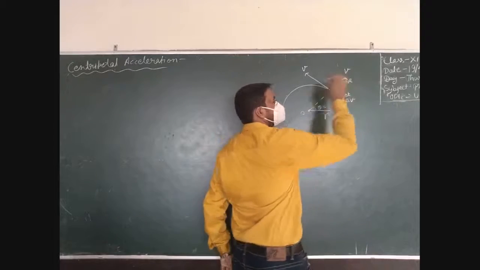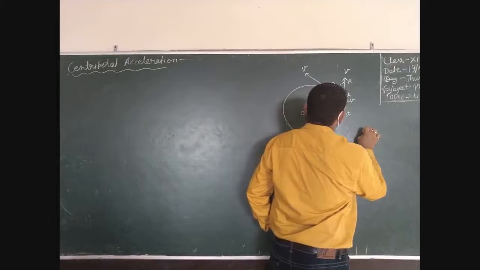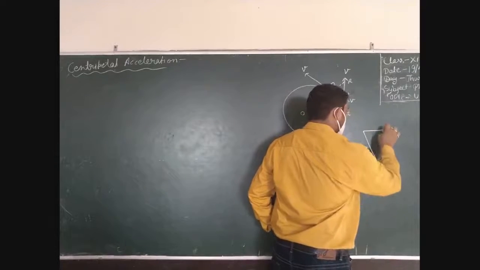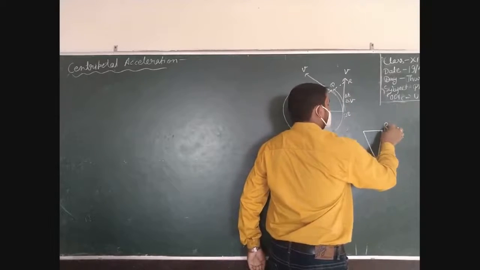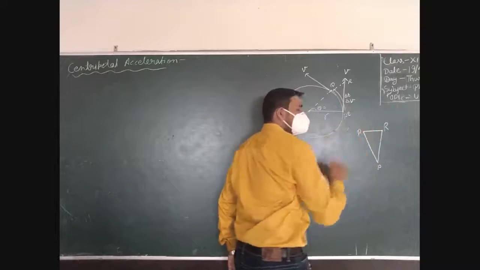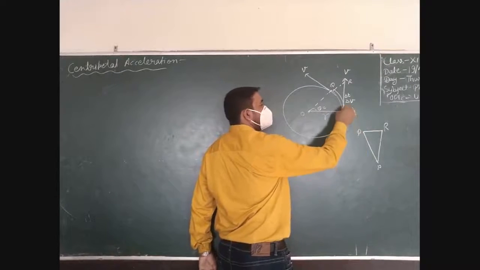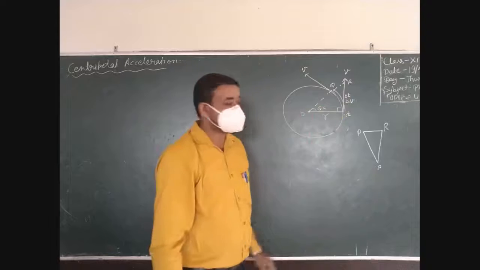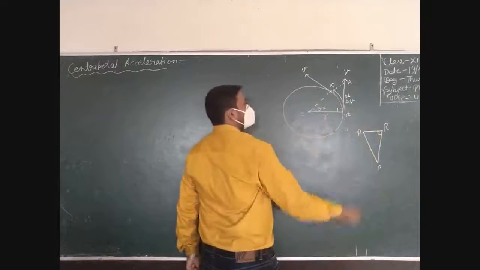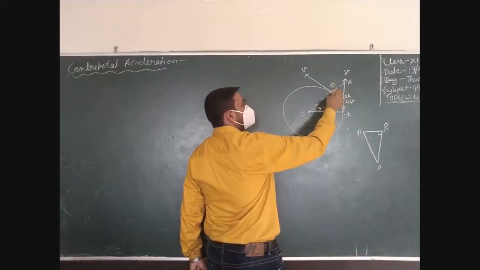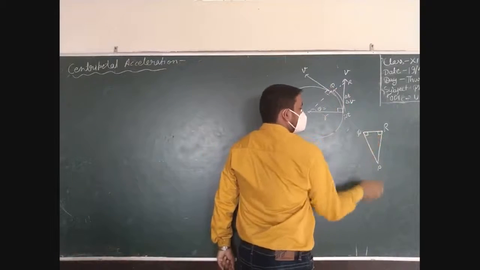Let's say this is R. Now just use this triangle here, with point P, this is point R and this one is another point Q. Just see here, when we draw the tangent to the point P, it is perpendicular to the radius, so this angle is equal to 90 degrees, and similarly at point Q this is again 90 degrees.